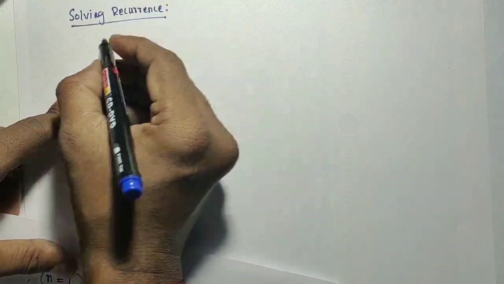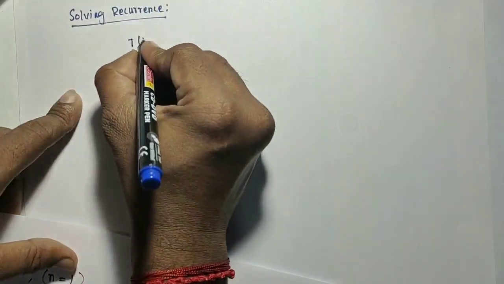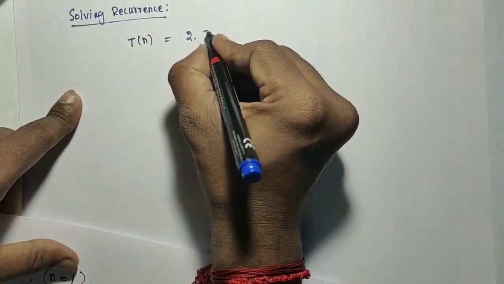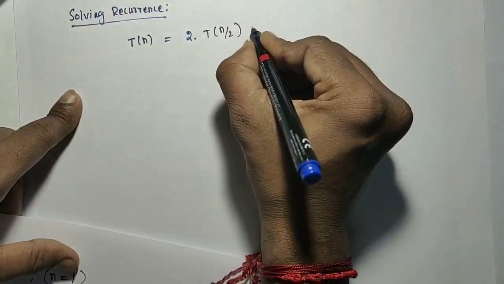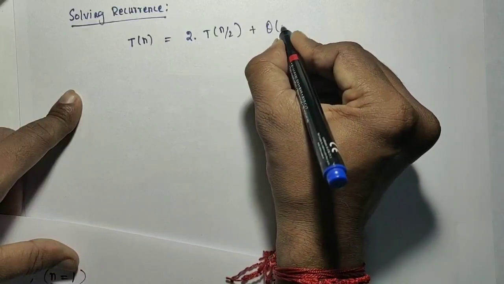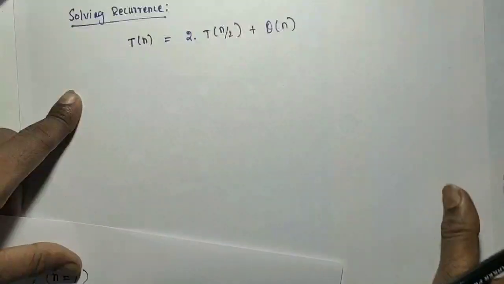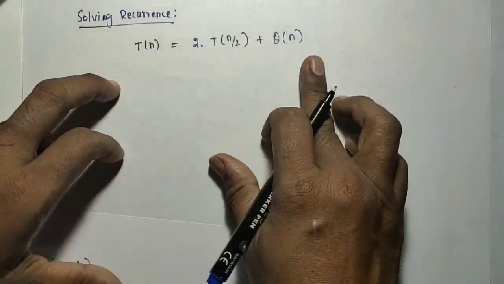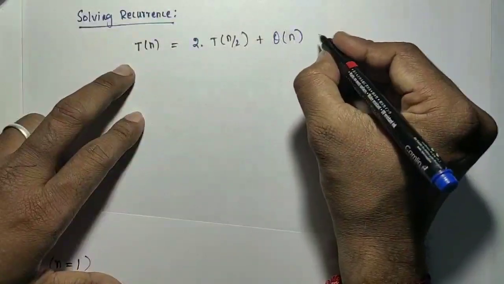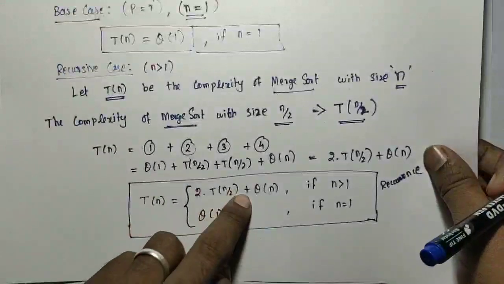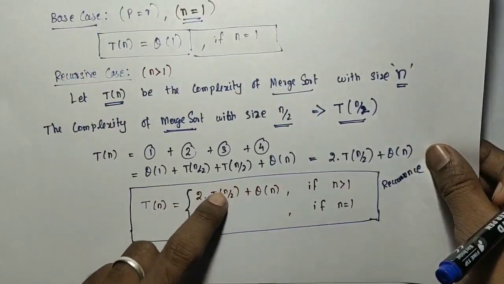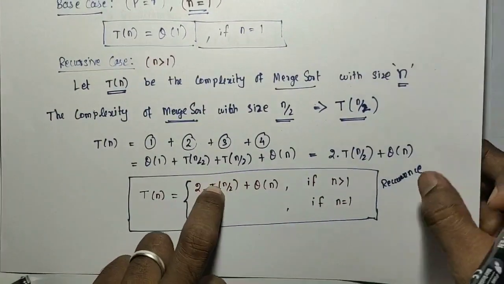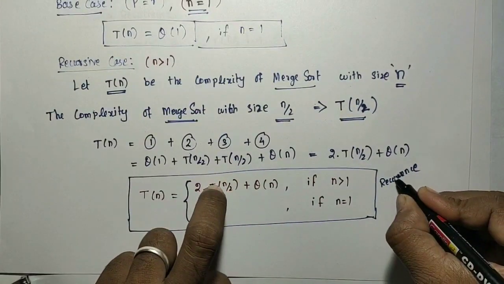For solving this recurrence, we write T of N equal to 2 into T of N by 2 plus theta of N, if N is greater than 1. For N equal to 1 we know the complexity. This has the unknown complexity, and only then is it called a recurrence.